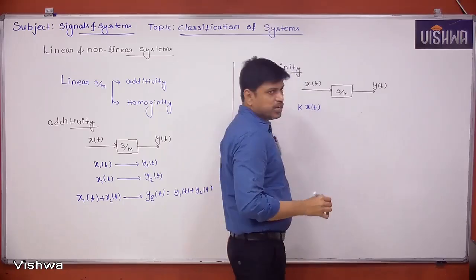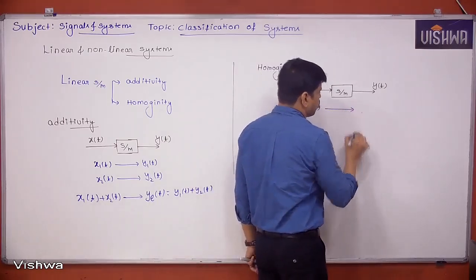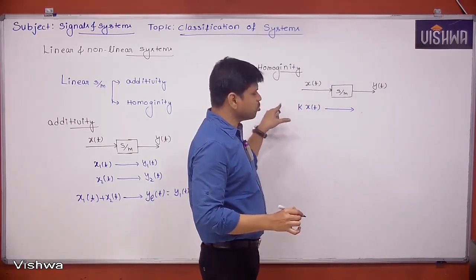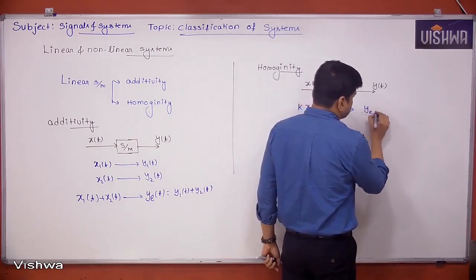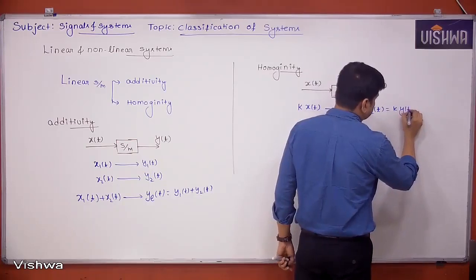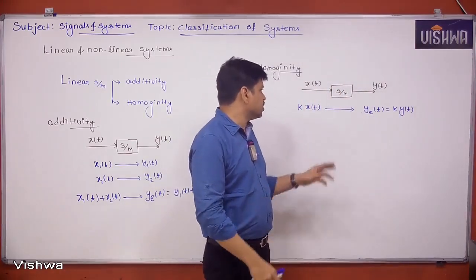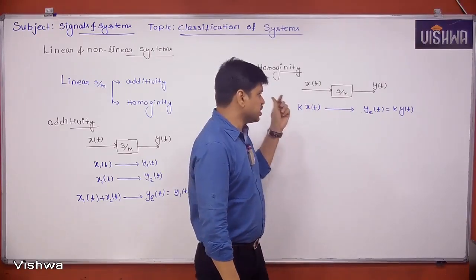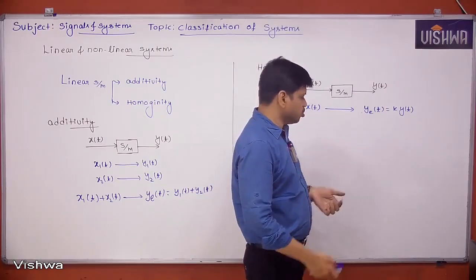What kind of output are you expecting? If the system is obeying the homogeneity principle, then we are expecting the output to be k y of t. That means if the input is multiplied with some constant k, then the output is also multiplied with the same constant k. That is nothing but the homogeneity principle.